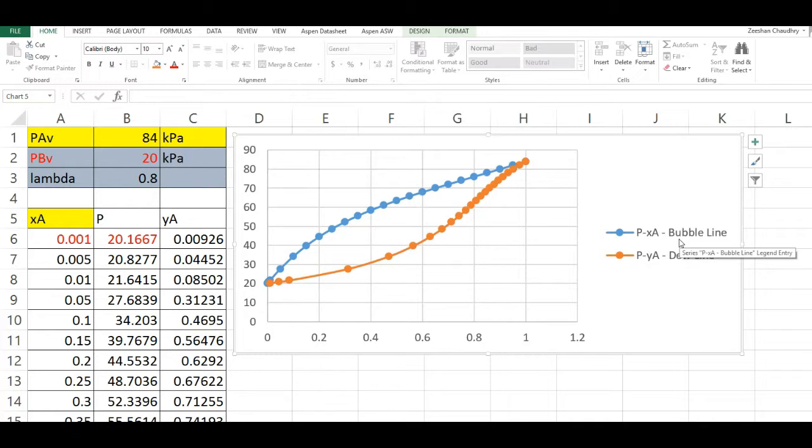So the Pxa is the bubble line, the Pya is the dew line, because one's on top, the other one's on bottom. So this should all be sufficient for solving problem 2, part A of the separations homework. This should be pretty simple now.